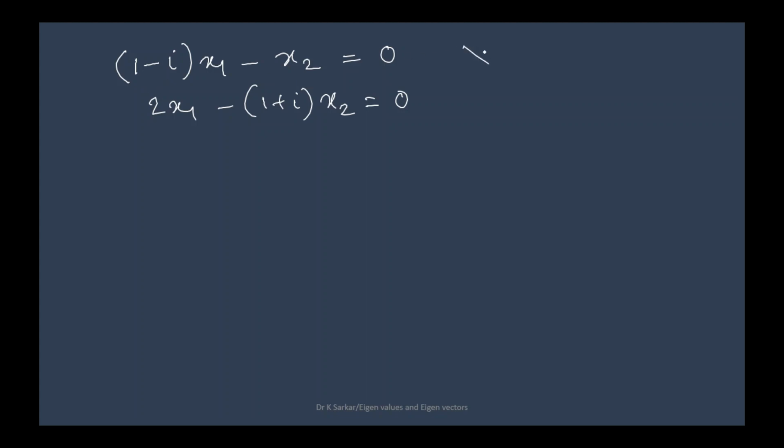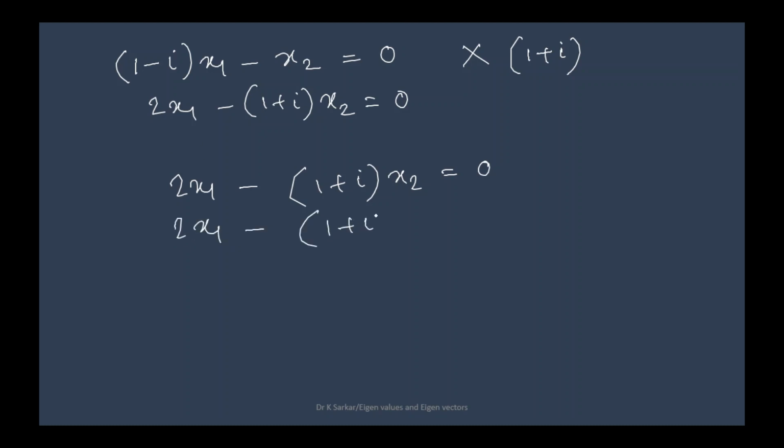If we multiply the first equation with (1 plus i), then we have 2x1 minus (1 plus i) x2 equals 0, and the second equation is 2x1 minus (1 plus i) x2 equals 0. Now you see both the equations are same. So let us find x1 in terms of x2. So this is equation 1 and this is 2.